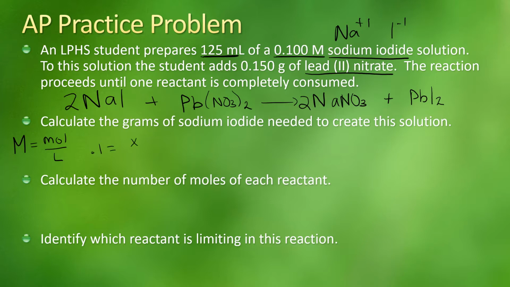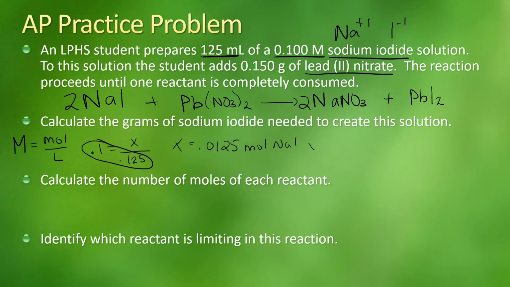I do not know the moles, but I do know that I have 0.125 liters of solution. Simply cross multiplying my 0.1 times 0.125, I find that I have 0.0125 moles of sodium iodide.